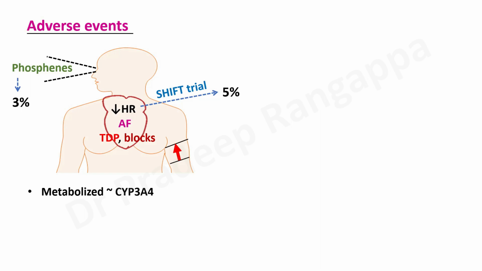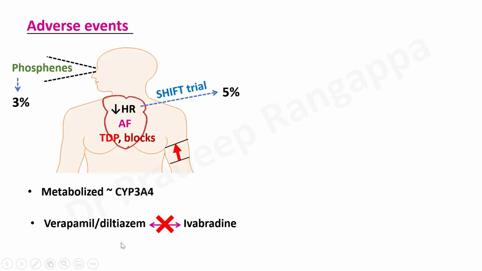The metabolism of Ivabradine happens through cytochrome P450 3A4, and there are certain drugs which get metabolized through this pathway. Mainly, if any patient is on diltiazem or verapamil, Ivabradine should not be used, because they also act through CYP3A4 metabolism and can significantly increase the levels of Ivabradine.